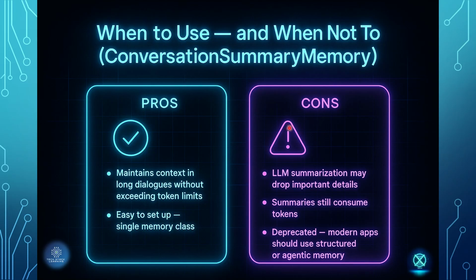Important details may be lost because we are summarizing it, right? Or it may still use tokens for the summary, adding overhead. Then, as I said, it is deprecated. So modern apps should always use the alternatives, that is structured memory or agentic or LangGraph persistent memory. Okay.